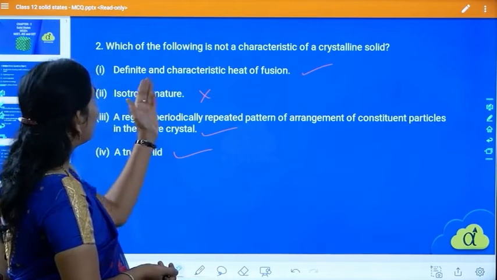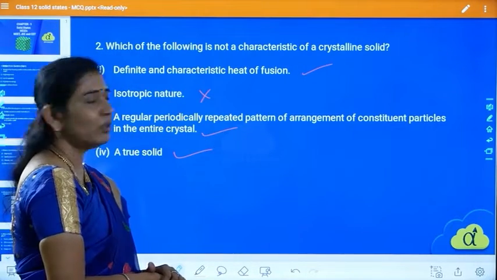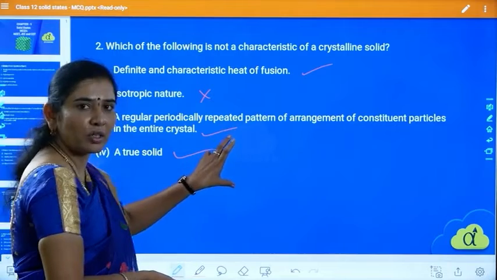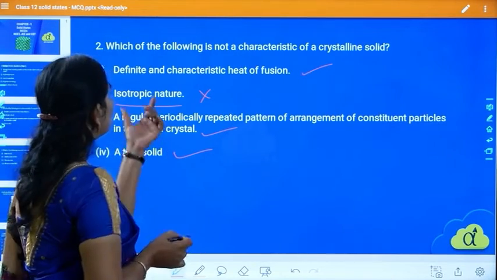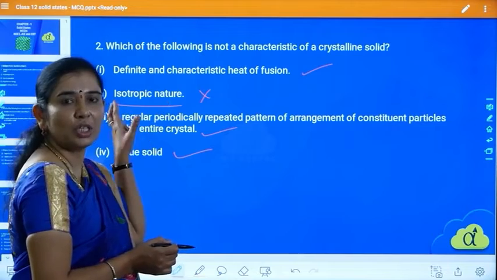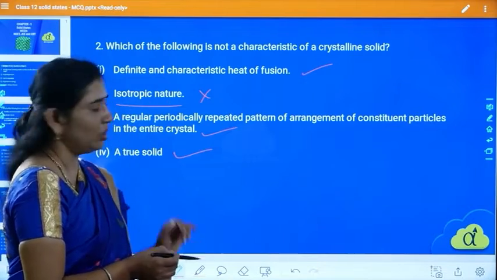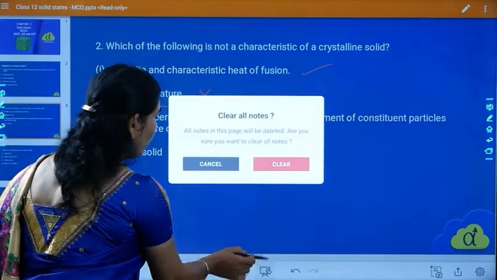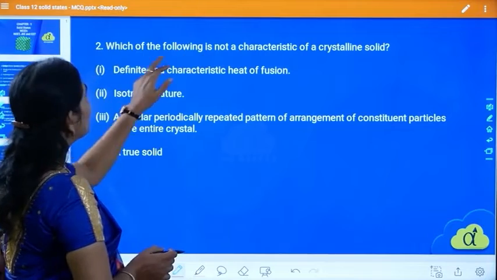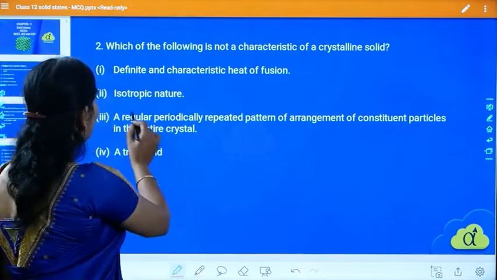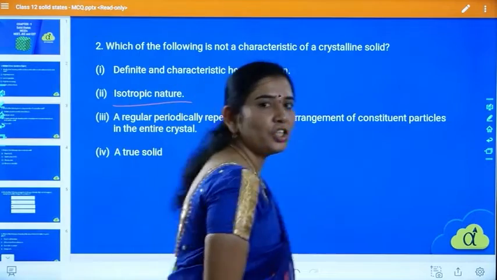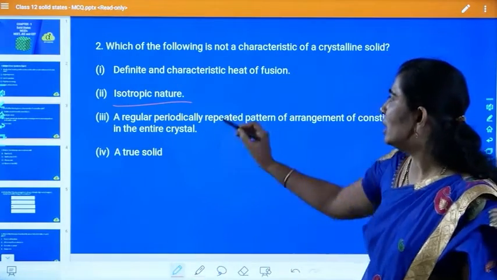Then which one will not be the characteristic of a crystalline solid? These three are characteristics of a crystalline solid, of course. Then crystalline solids are isotropic in nature, like that it is given. This is wrong. So among these four options, which is not a characteristic of a crystalline solid means isotropic nature.